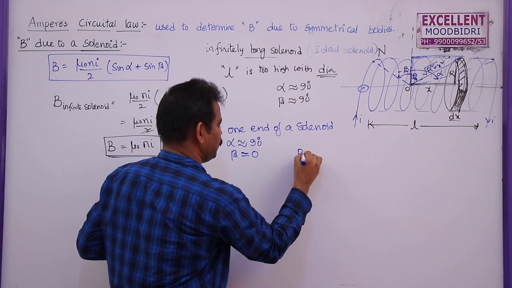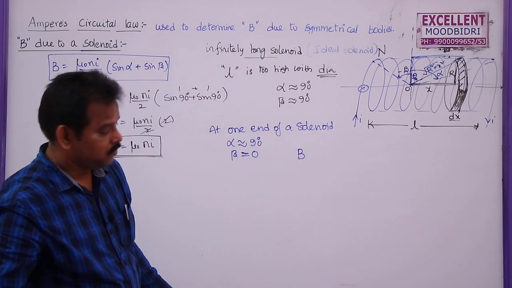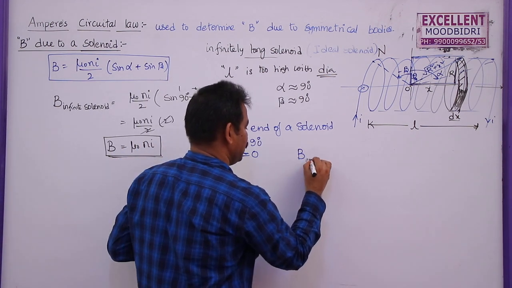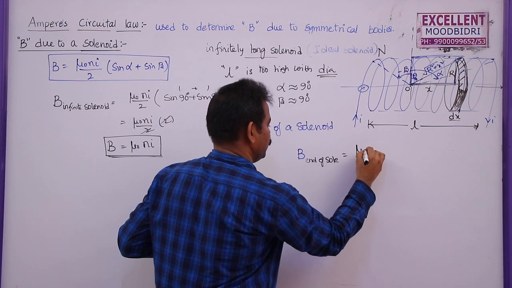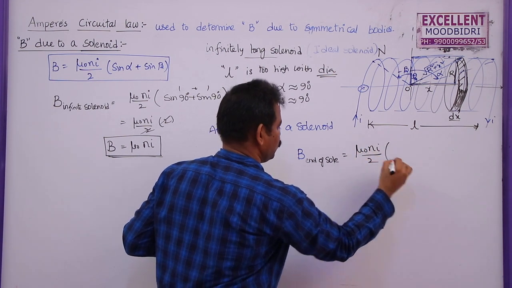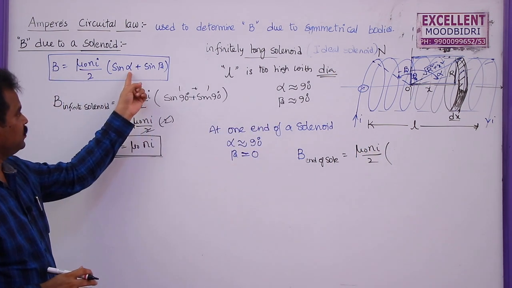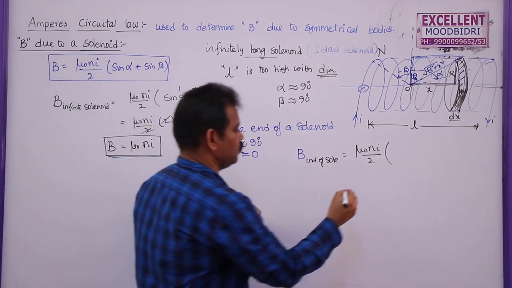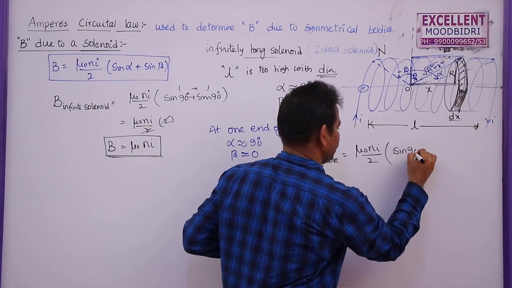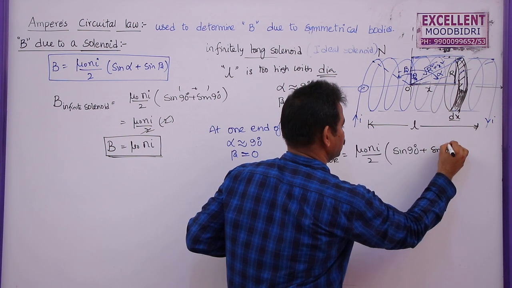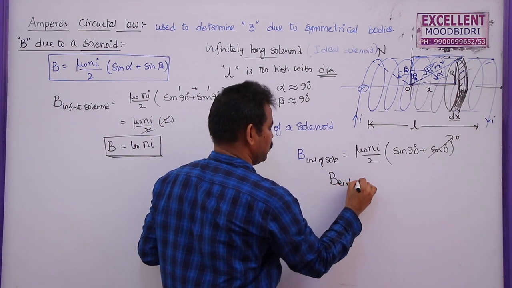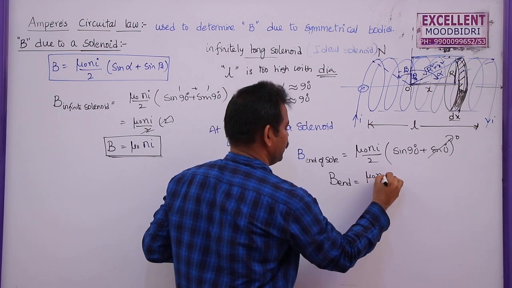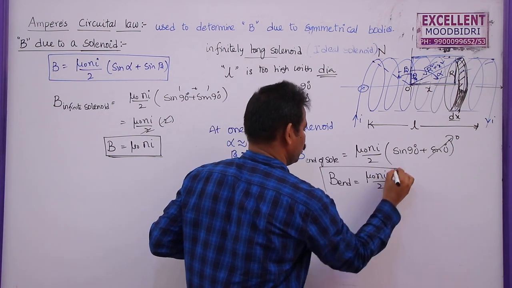So what is the magnetic field at one end of a solenoid? This will become mu naught Ni by 2 into alpha is 90, beta is 0. So we will get only one value here, sin 90, and sin 0 we know is 0. So the magnetic field at one end of an infinite solenoid is given by mu naught Ni by 2.